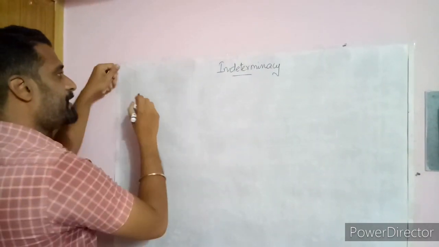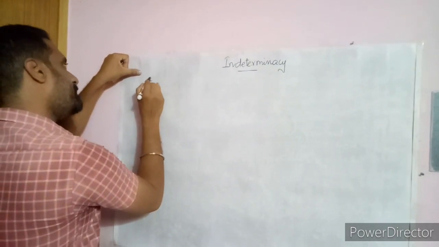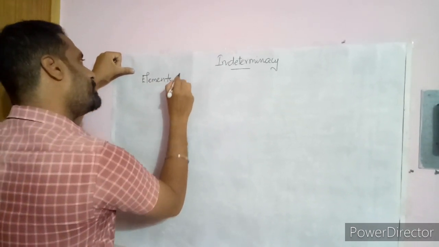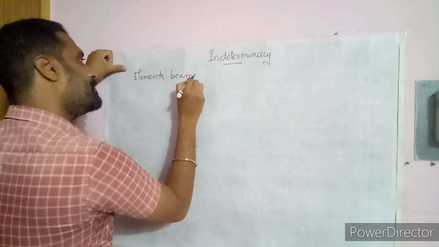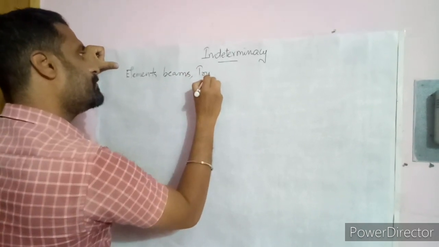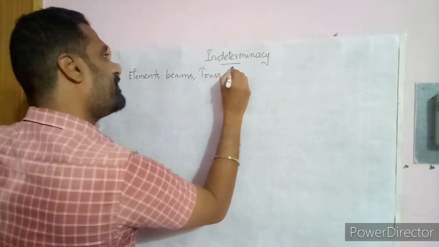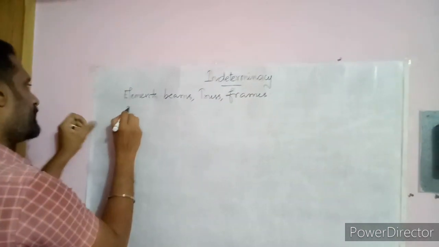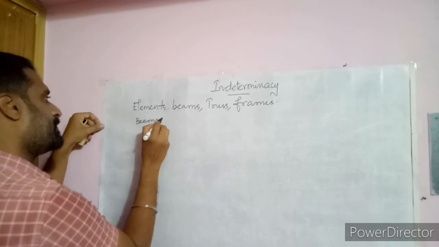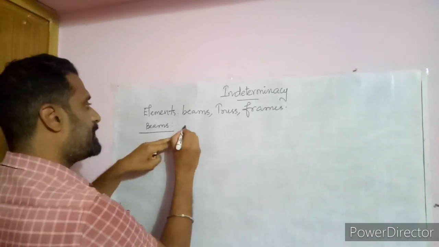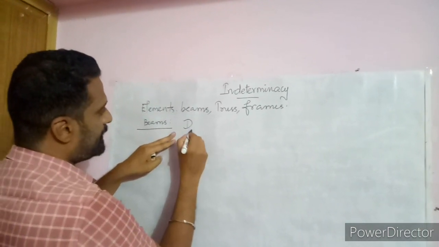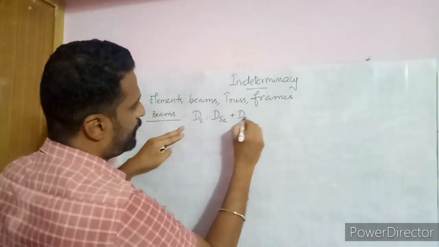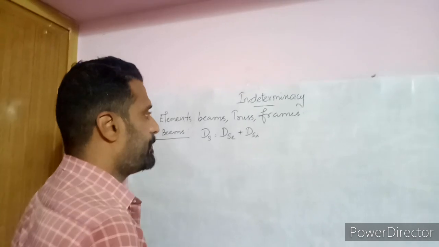So for the static indeterminacy, what are the elements of a structure? The various elements of the structure are beams, truss and frames. So let me start with the beam. For beams, the degree of statical indeterminacy is split into degree of external static indeterminacy plus degree of internal static indeterminacy.